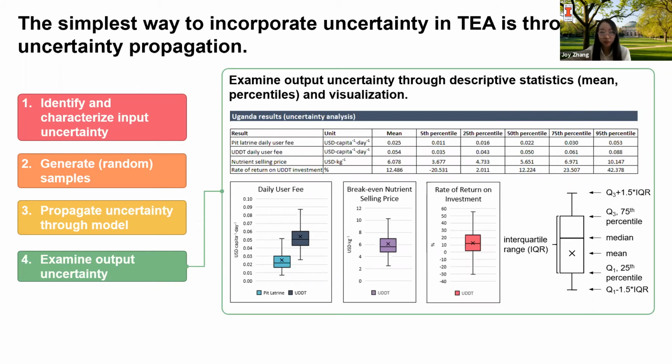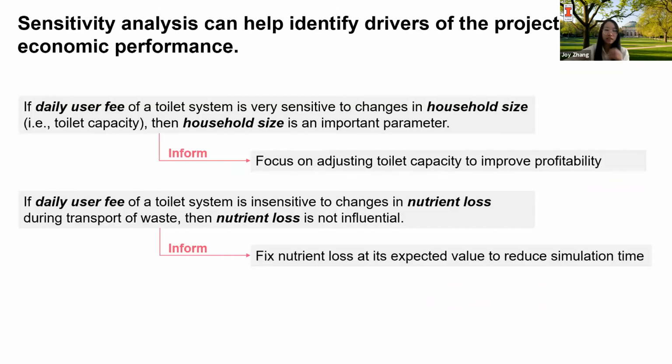After we perform uncertainty analysis, we can usually use the same data for sensitivity analysis. Sensitivity analysis, compared to uncertainty, answers questions about what the relative importance of different input parameters to the TA metric is.